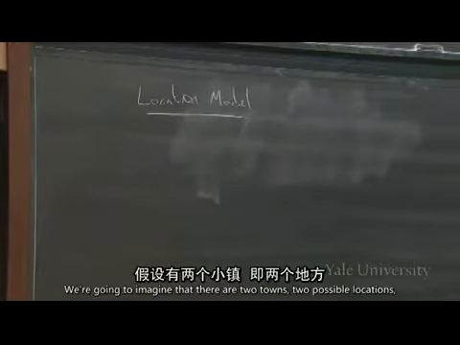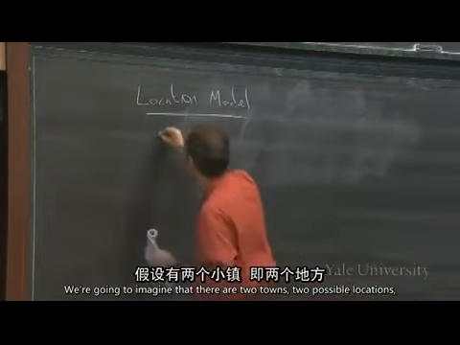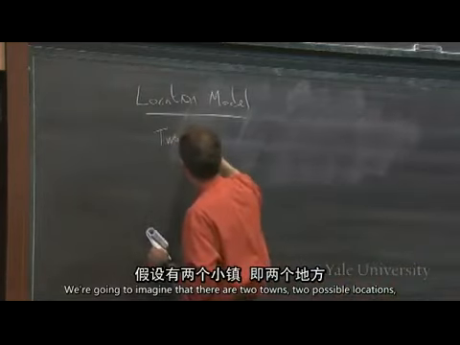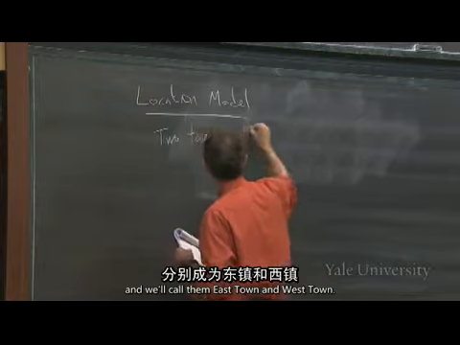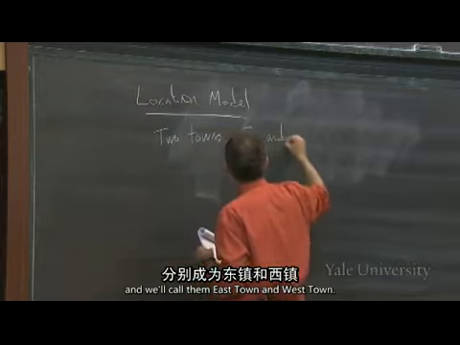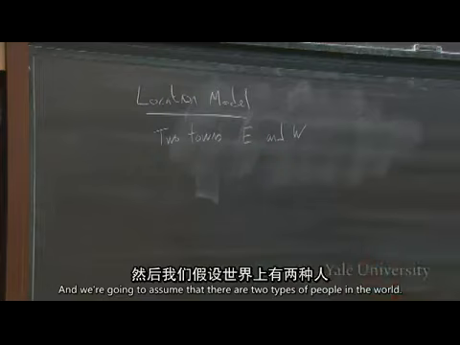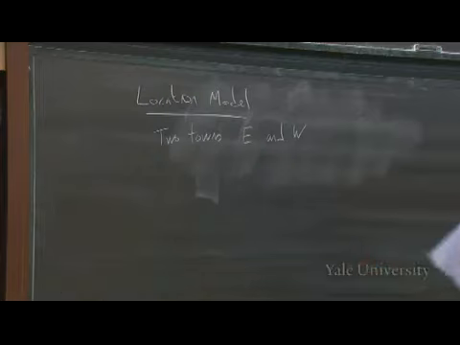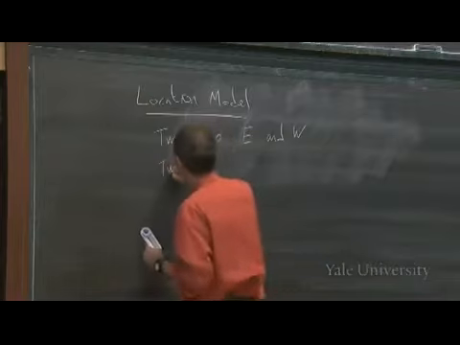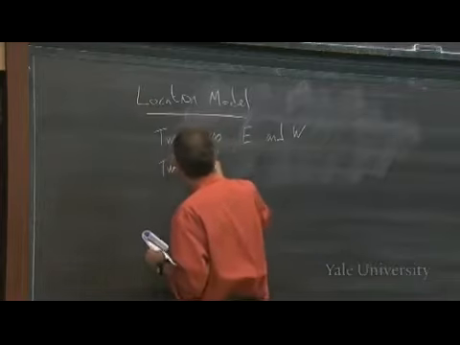We're going to imagine that there are two towns, two possible locations, and we'll call them East Town and West Town. And we're going to assume that there are two types of people in the world.